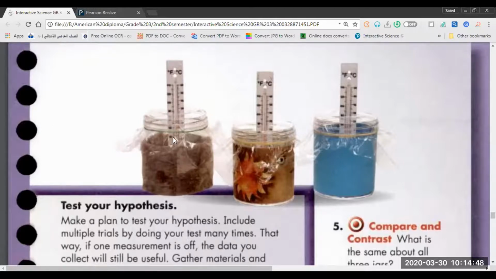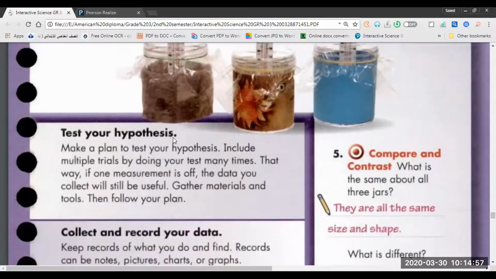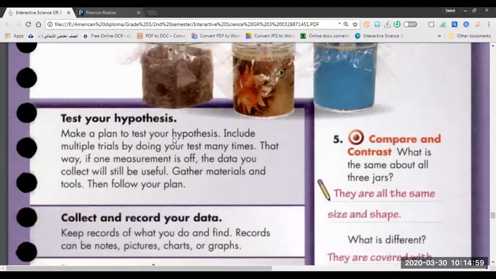Okay, so here you have to do this test many times, then you will record. This is the next step. Record or collect your data. Keep records of what you do, and the records can be notes, pictures, charts, or graphs. You can record your data in the form of graphs or charts or notes or tables, whatever you like.